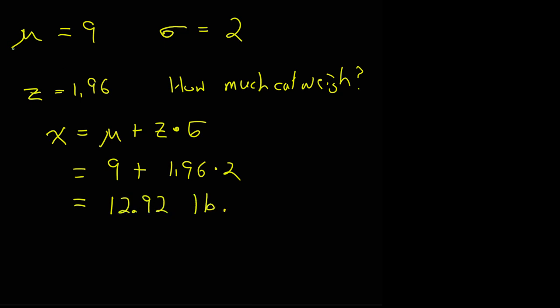So if this is a mean weight for cats, and this is the standard deviation of the sample of cats, every cat up to the 97.5 percentile weighs up to 12.92 pounds. That's what converting the Z-score back to a particular value means for us.